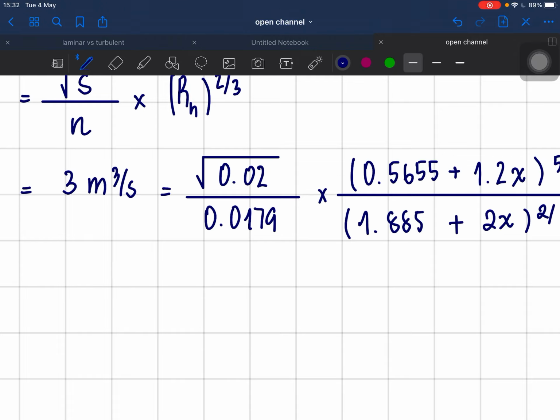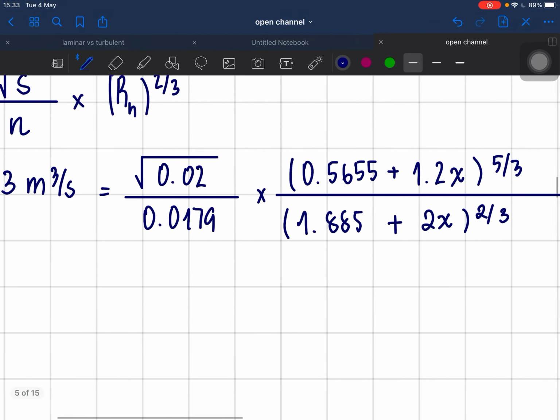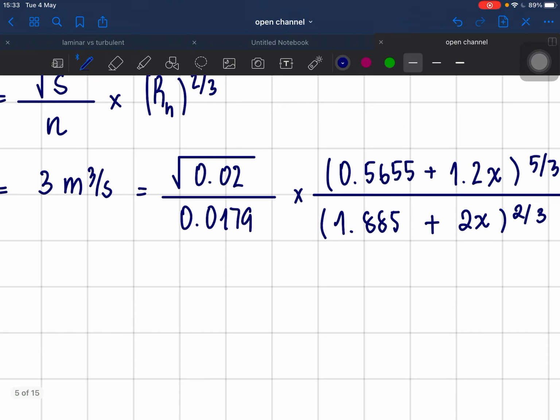So the total depth here is 0.6 plus 8x, and you're finding the x here. Okay, so then we can find, yeah, nothing else besides using the calculator to find your favorite thing here.